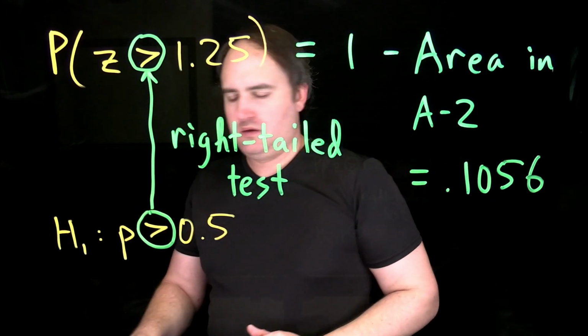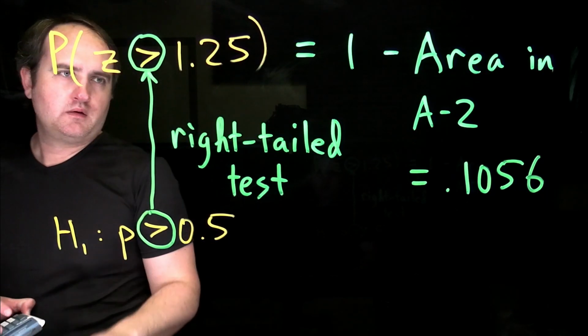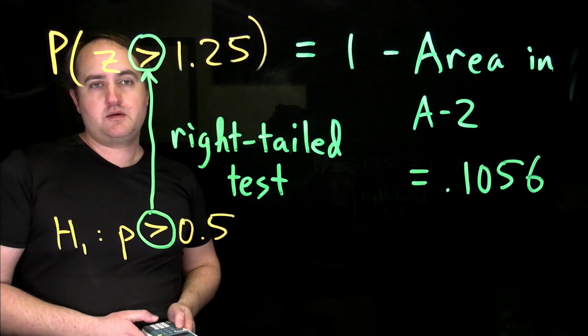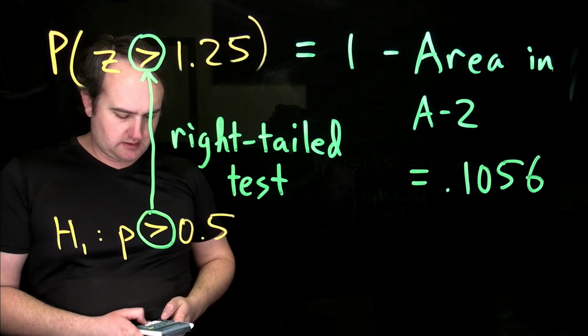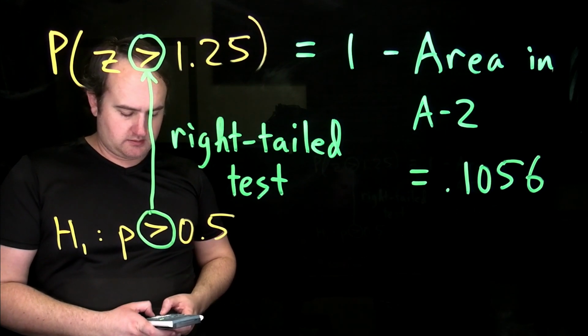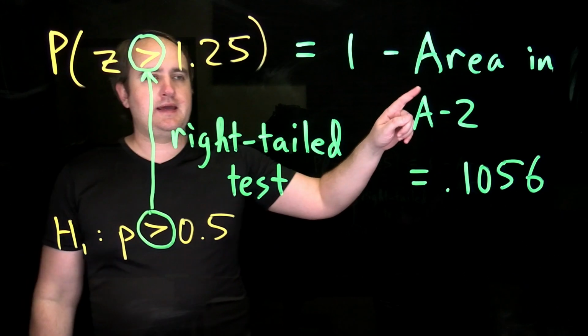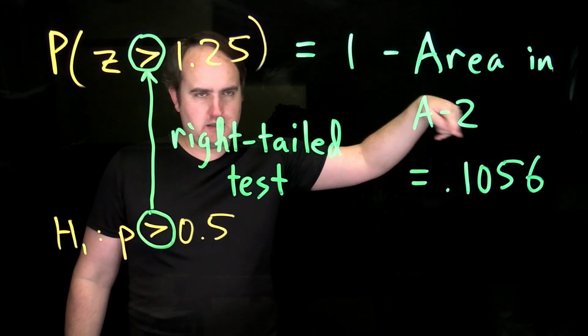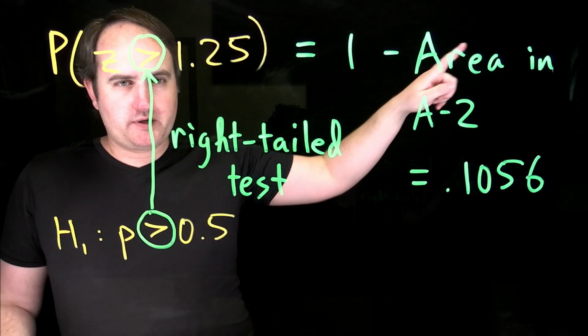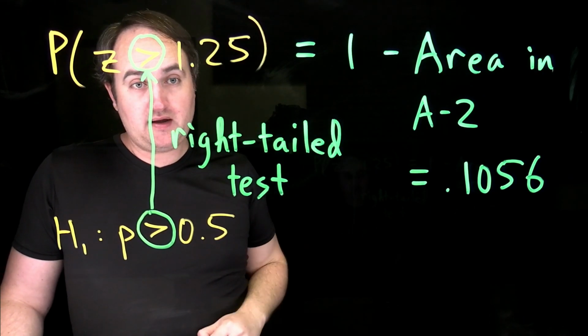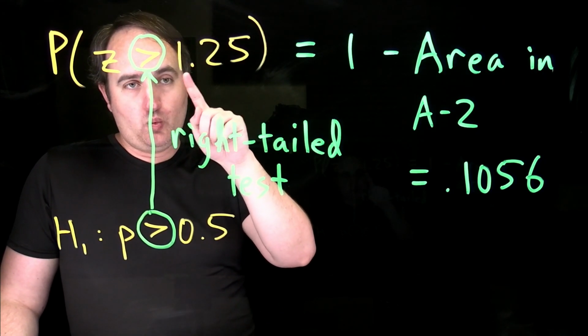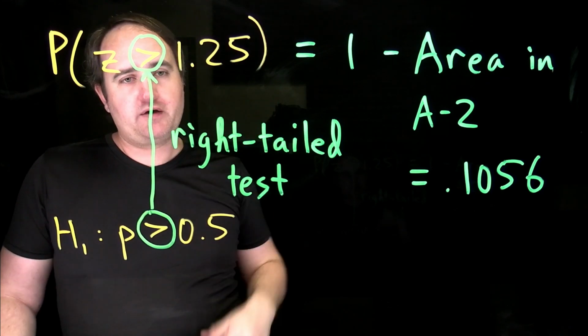Okay. And just to make sure that you got the area in table A2 correctly, the area in table A2 that you should have gotten would be 0.8944. Okay, so this right here, that when you look it up in the table, you should get an area of 0.8944 from 1.2 is the row and 0.05 for the column.